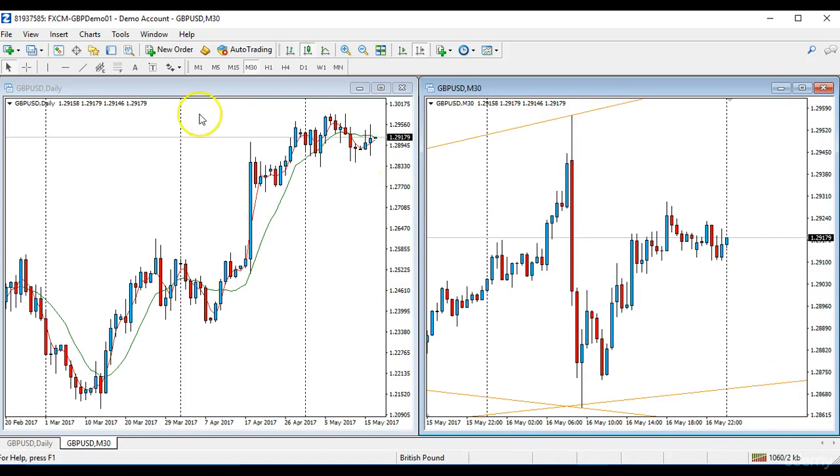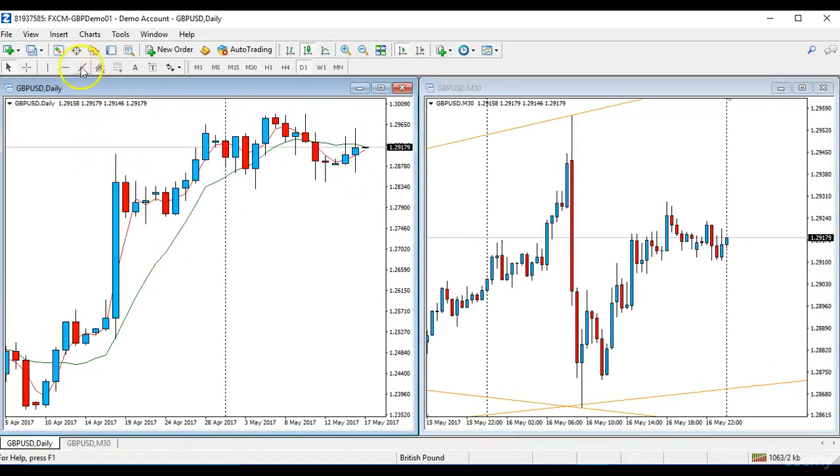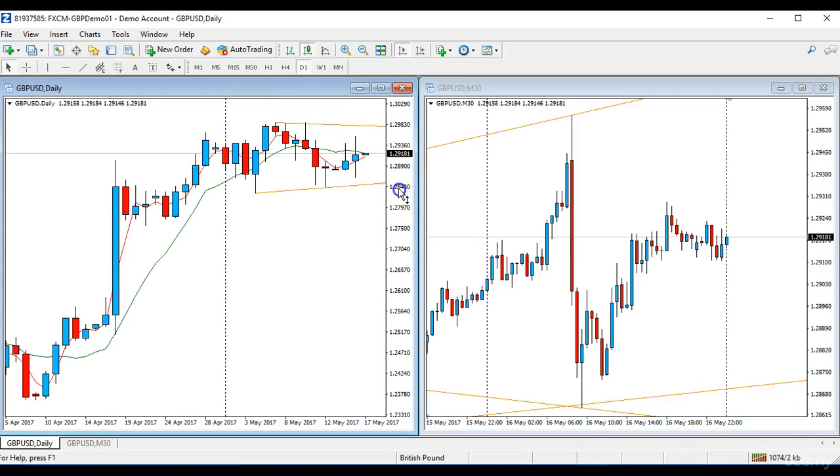So what we can see is, if I start drawing some lines here on the daily chart, I can see that price is actually moving sideways, and that there isn't really momentum because price is crossing over.